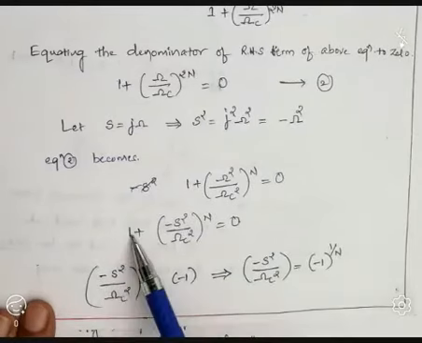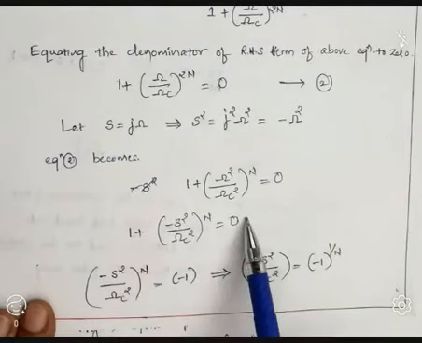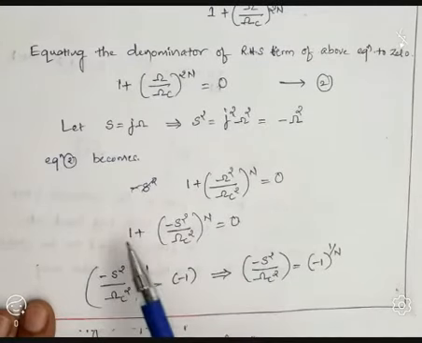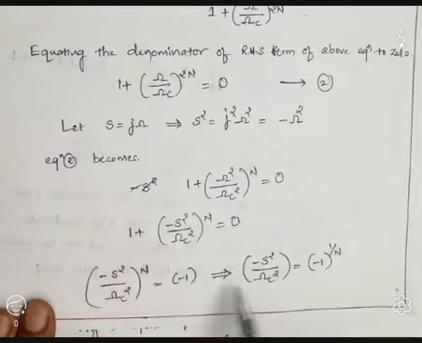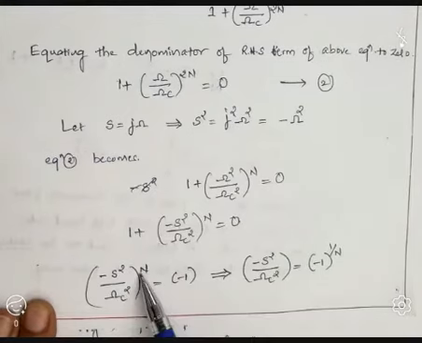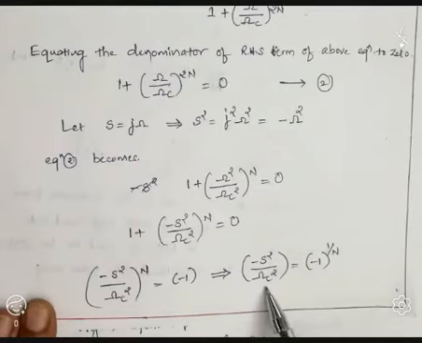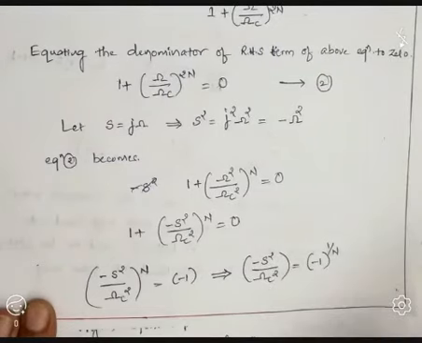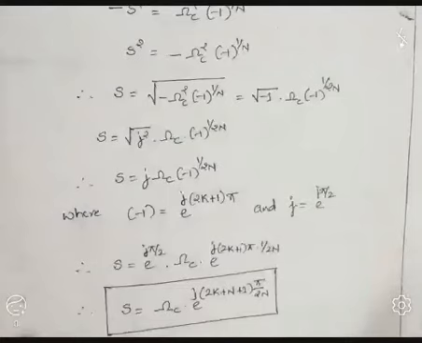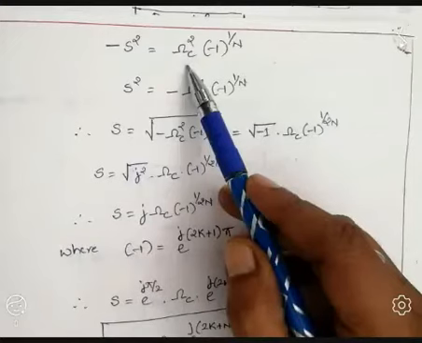Take this 1 towards the RHS, it becomes minus s square divided by omega c square to the power n equal to minus 1. Then we can simplify by taking the power 1 by n, so the n and the power 1 by n cancel. Minus s square divided by omega c square is equal to minus 1 to the power 1 by n. Then further simplification, that is s square equal to omega c square times minus 1 to the power 1 by n.